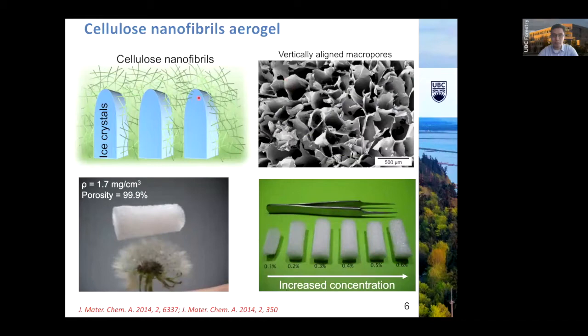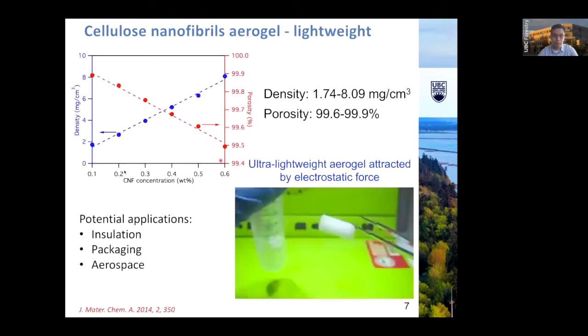After removing the ice crystal, we have this beautiful micron-sized honeycomb structure. We can make this very low density, for example as low as 1.7 milligram per cubic centimeter, which is very close to air. The air density is about 1.3 milligram per cubic centimeter. This density can be easily changed by using a different concentration. And the porosity is very high, over 99.5%.